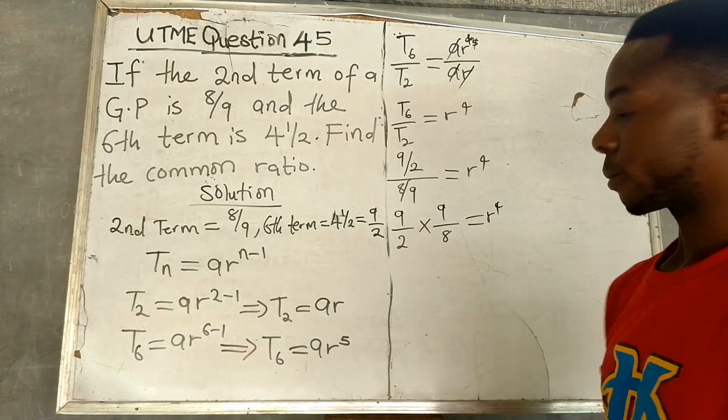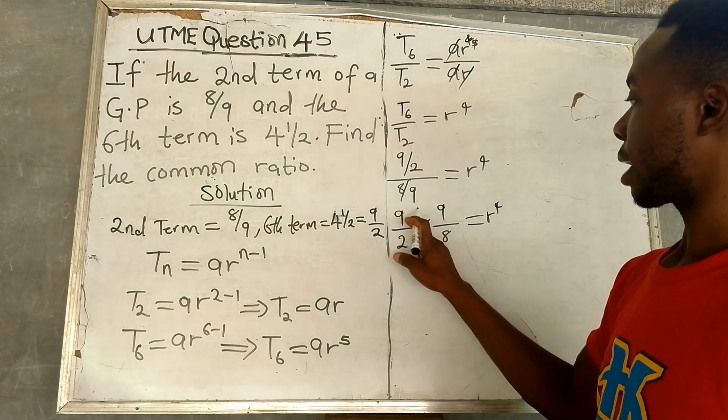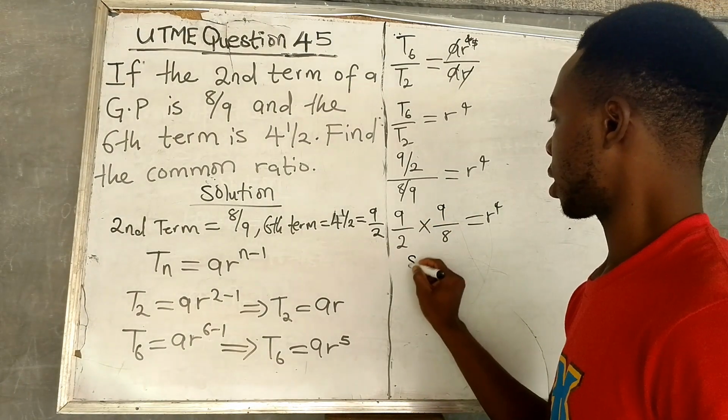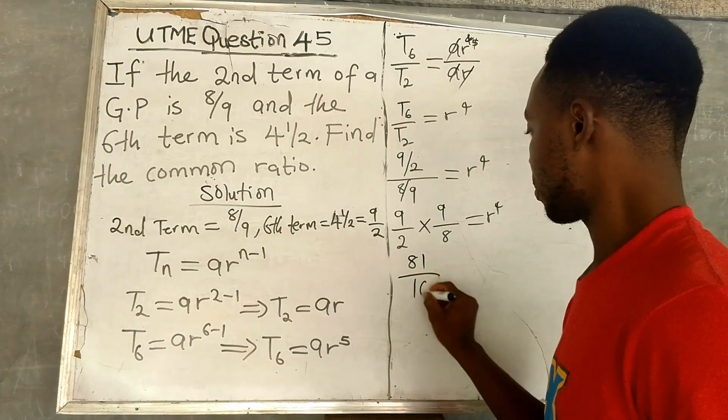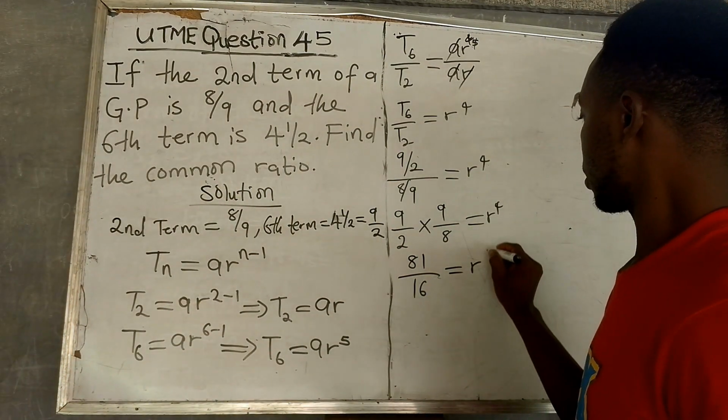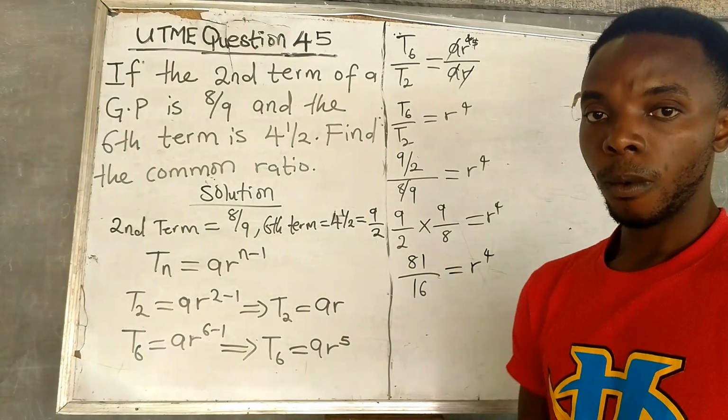Hope you're following. 9 times 9 will give me 81 over 2 times 8 will give me 16, which is equal to r raised to power 4.